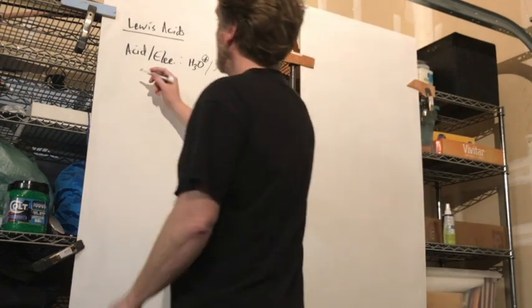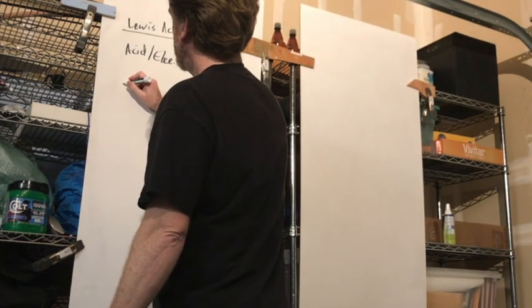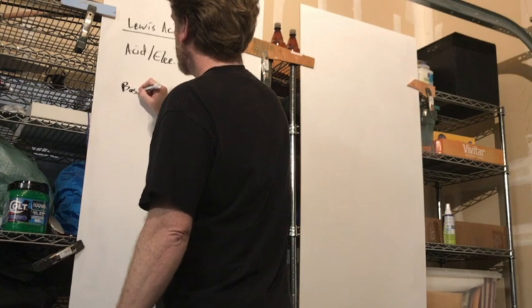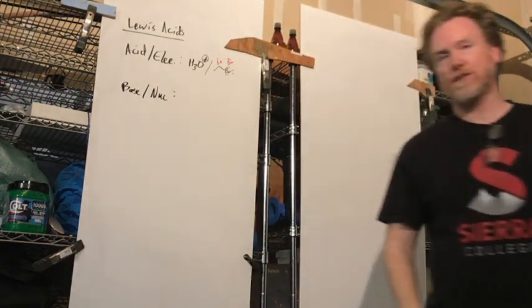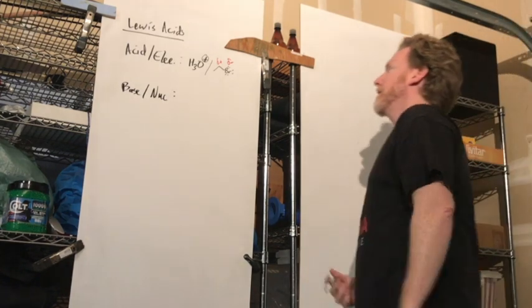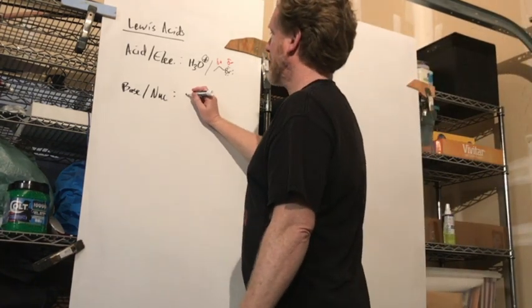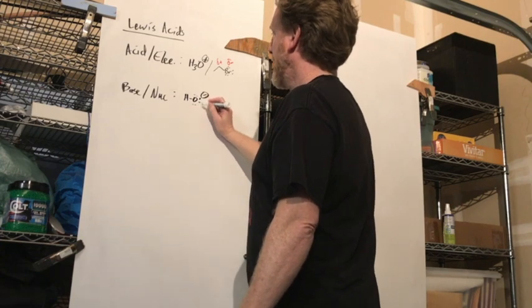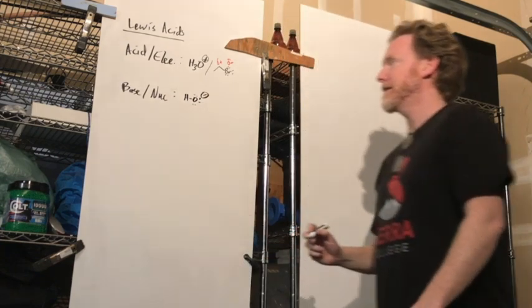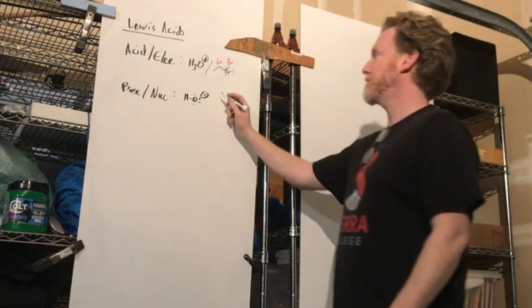And then the other pair is a base and a nucleophile. They're kind of like cousins too. So let's think of a base. First one that comes to mind is probably hydroxide, correct? And that guy is wanting to deprotonate things.